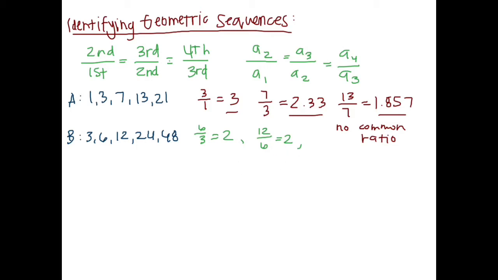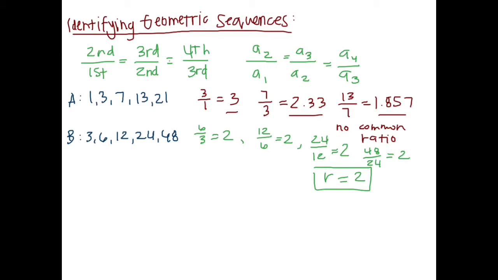Let's just keep going and make sure this pattern is constant through the whole sequence. The fourth term divided by the third term gives me 2. And then finally the fifth term divided by the fourth term also gives me 2. So in this example, I do have a common ratio. The common ratio is 2.